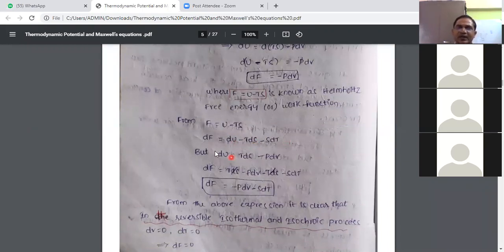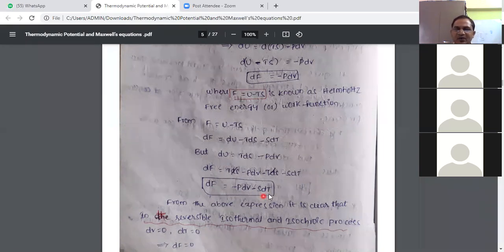But dU equals TdS minus PdV. You substitute there: dF equals TdS minus PdV minus TdS minus SdT. The TdS terms cancel. Then dF equals minus PdV minus SdT. So this is the required expression to write the Maxwell third thermodynamic relation.